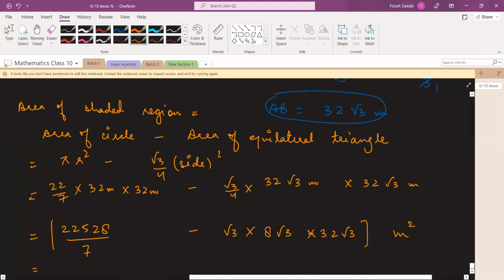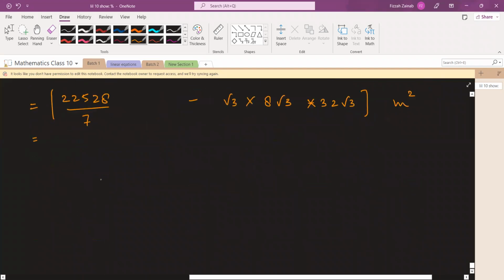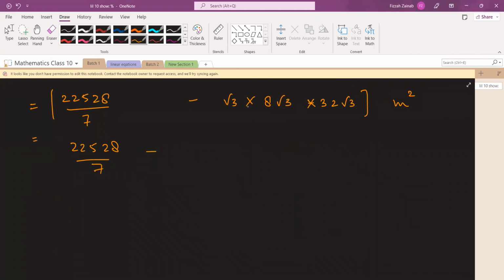So 22528 divided by 7, minus. See, now you have 3 √3, right? So √3 when they multiply, they become 3. Is that clear? So you will get 8 into 3 and then into 32 √3.